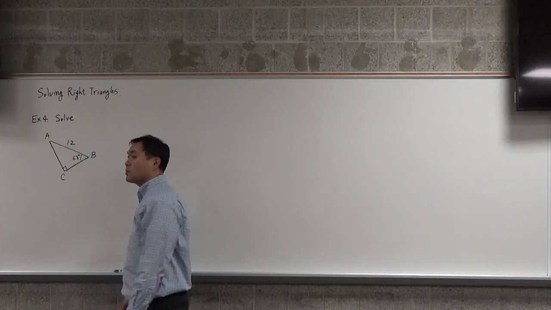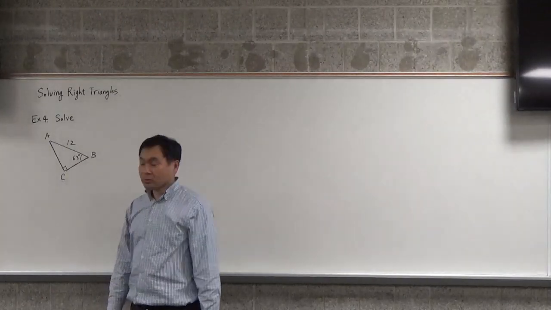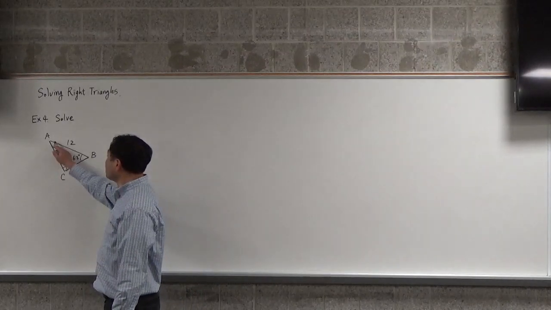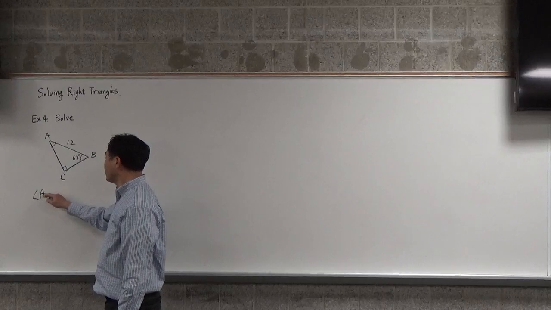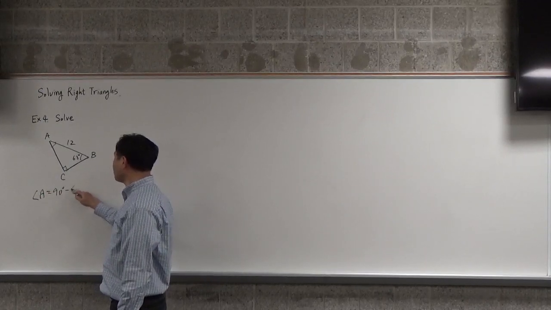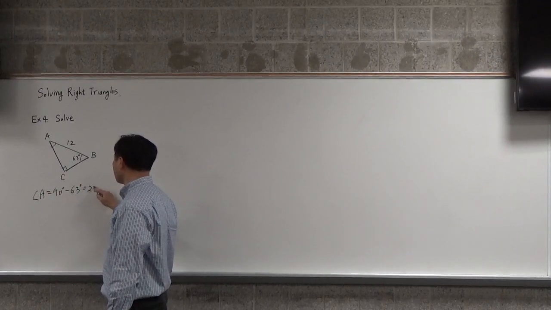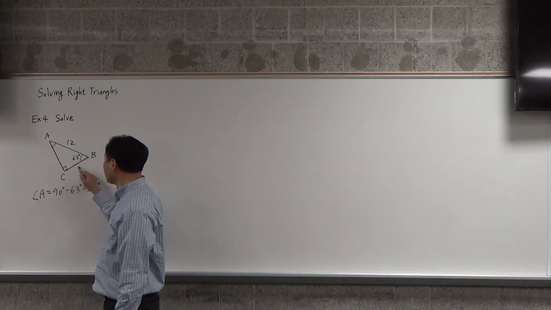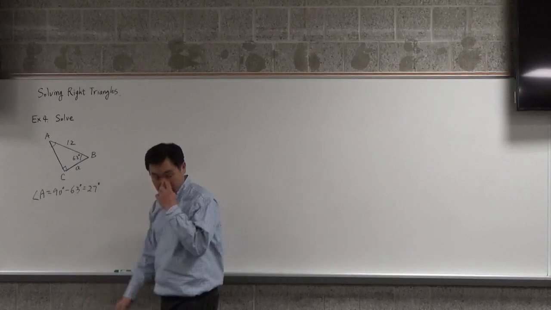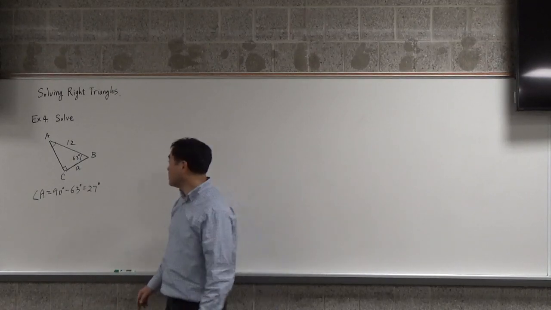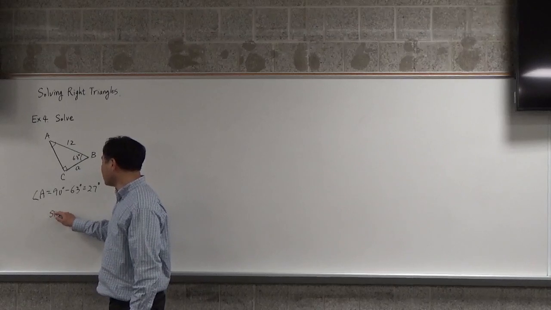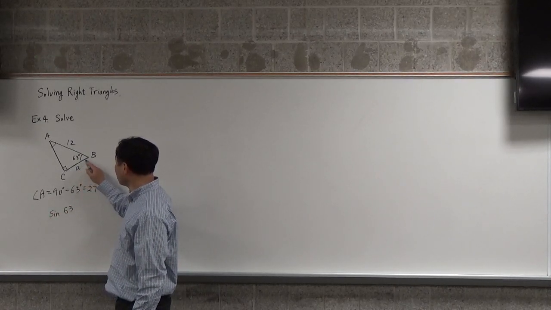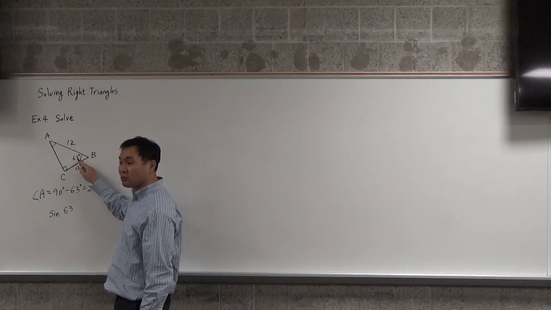All right, so let's try this one. So first of all, what's the angle A? 27. 90 degrees minus 63 gives you 27 degrees. And then, how would you find length A? Sine 63? No. Here, A is adjacent to 63, right?